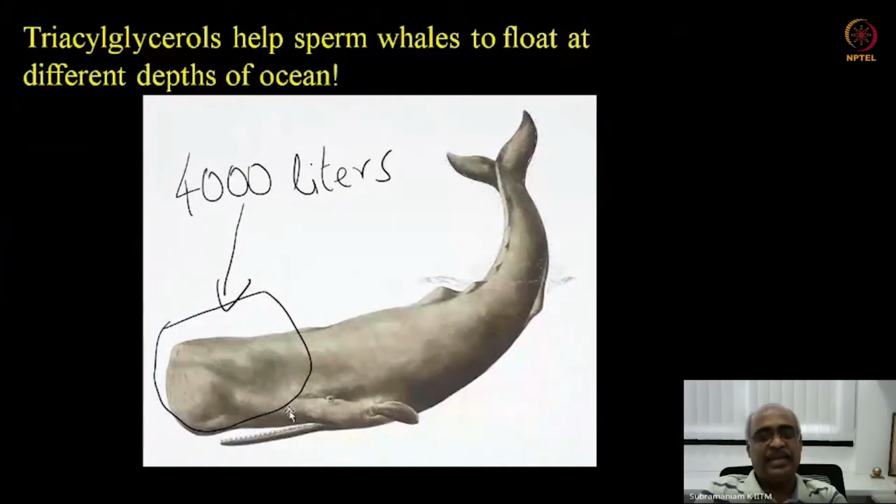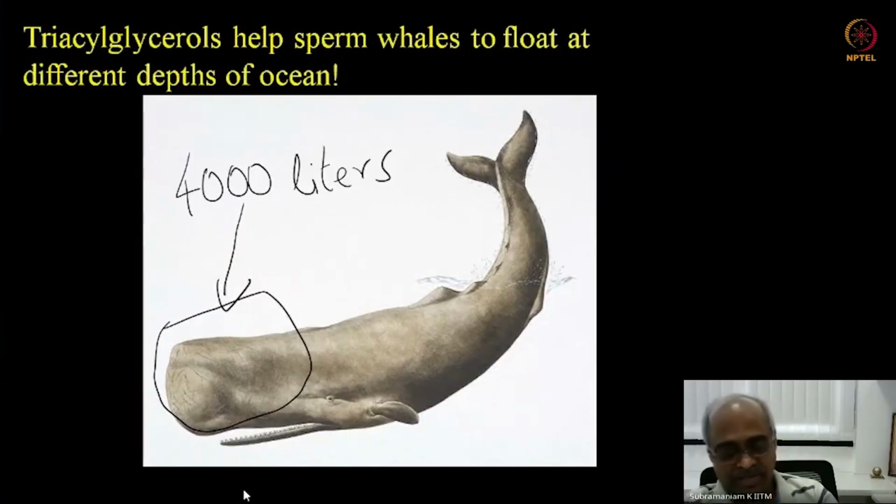But when it dives deep, it dives as deep as 3,000 meters, mostly about 1,000 meters. Even that is a lot deeper, like 1 kilometer from the surface of the ocean. And at that depth, you have schools of squid, and squid is what this whale loves to eat, because at that depth it has no competition.